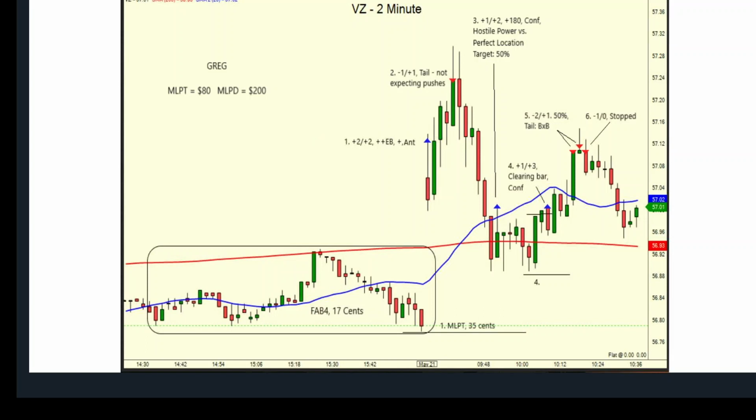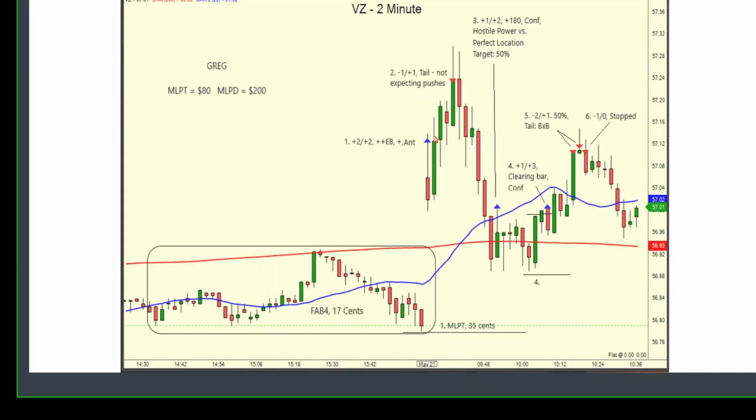For example, I'm looking at this one here from Greg, right? At some point, this looked like an elephant bar, and I see the anticipatory entry in 2 lots, max loss per trade stop. I think the way Greg did this was really good. If you're going to have a max loss per trade stop way down there, it's only 35 cents away.